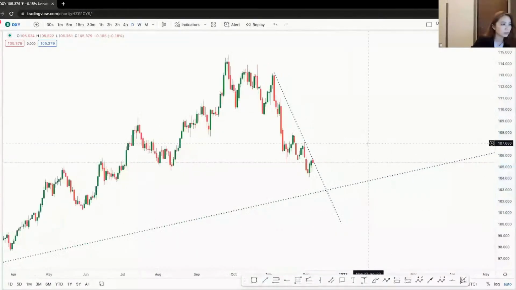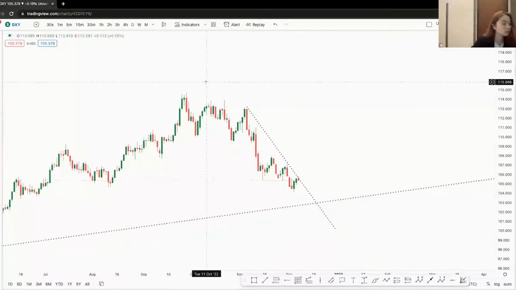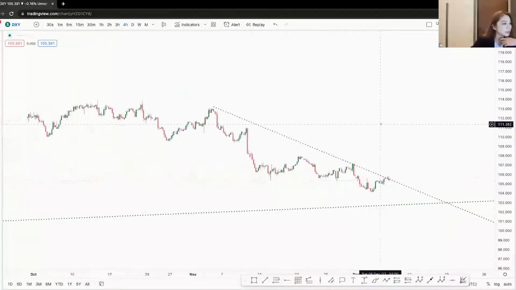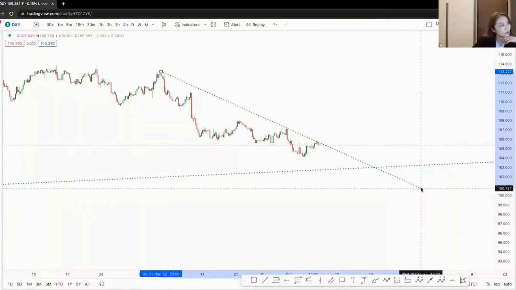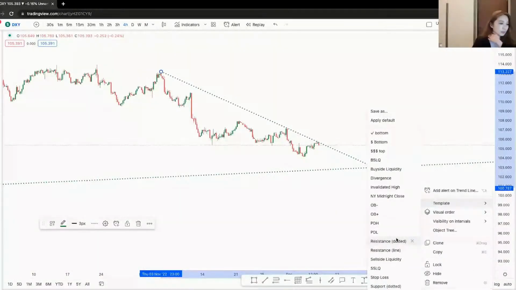So recently we're looking at a down drop. Let's look at H4. Yep, so looking at a downward fall for recent timings.